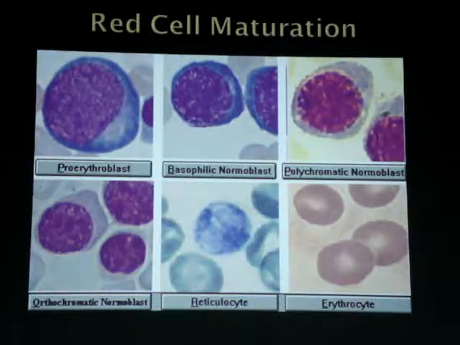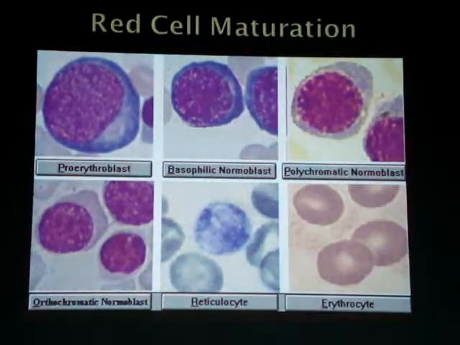And then the next cell, by the way, you may call this cell an erythroblast also. So normoblast, erythroblast, same thing. The next cell in the lineage is the polychromatophilic normoblast. Poly is Greek for many, and chromo for color. So this cell will display two colors in its cytoplasm, because in this stage of development of red cells, the cytoplasm will already begin to synthesize hemoglobin.